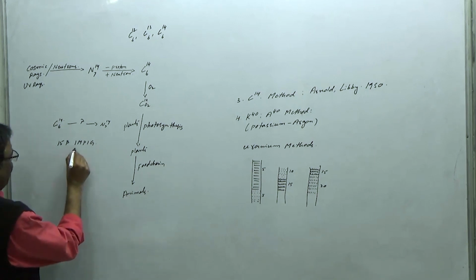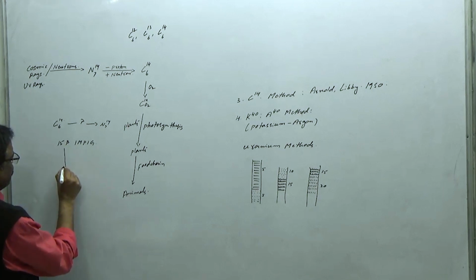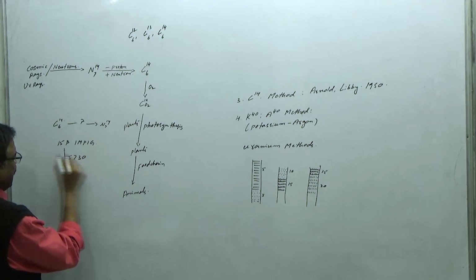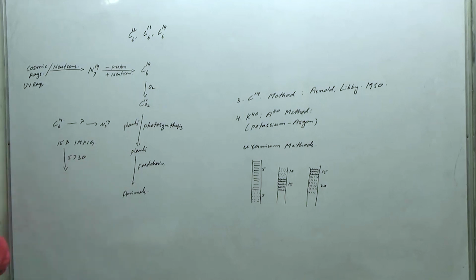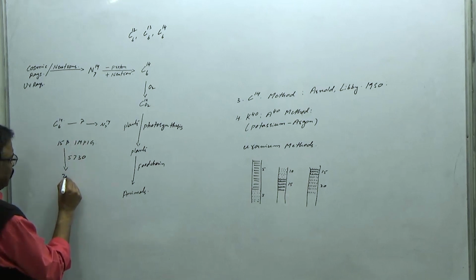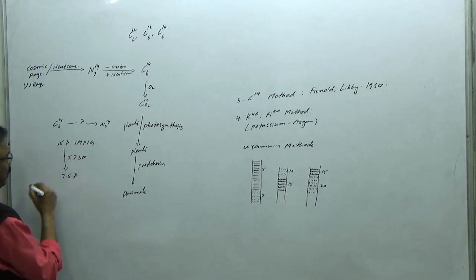Then after 5730 years, this beta radiation becomes half. That means 15 beta radiations will become 7.5 beta radiations.